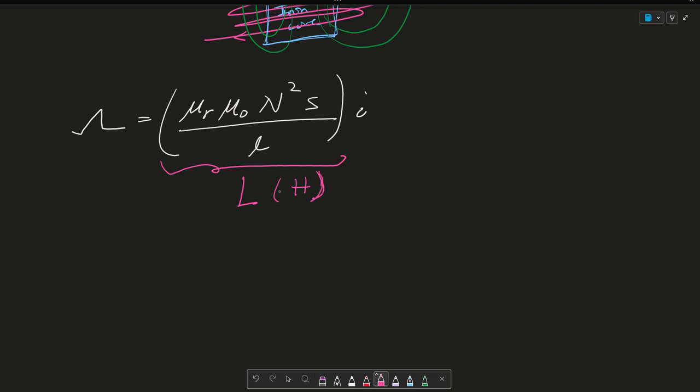So you might wonder yourself, how do we get henries from here? We consider that, again, mu r is unitless, so it doesn't have a unit. Mu naught is Henry over meters. The N is a dimensionless quantity. It's turns squared or loops squared, but it doesn't have a dimension, right?